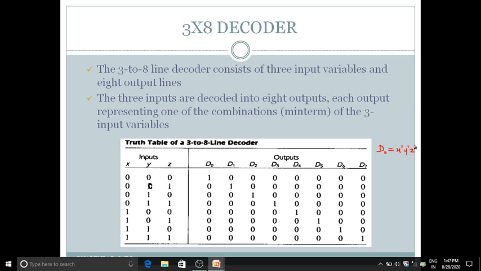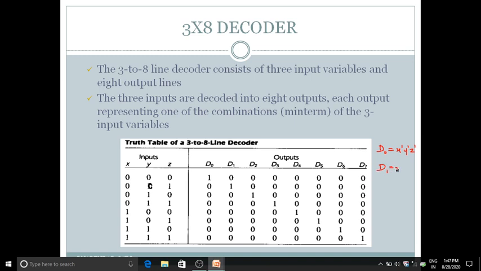In the same way, we can write the expression for D1. This is also written as a sum of minterms, and the D1 function equals 1 only for the combination x equal to 0, y equal to 0, and z equal to 1. Since there is only one minterm, D1 equals that particular minterm.